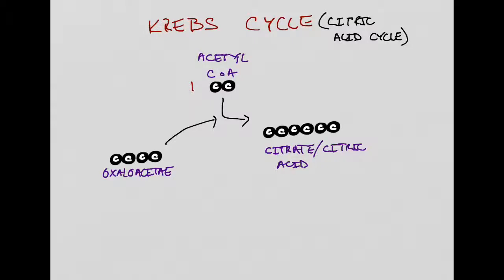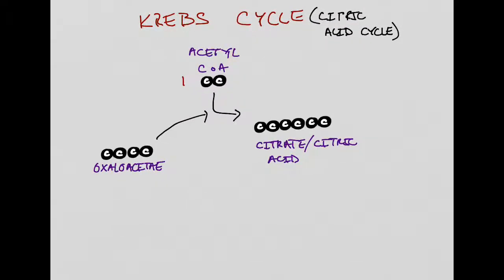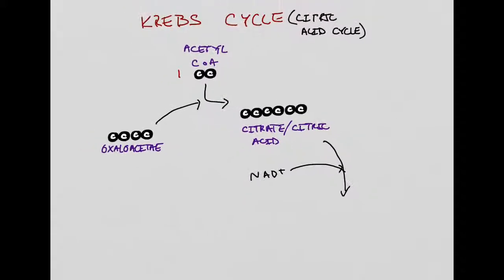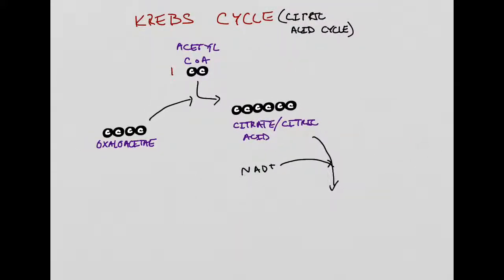And this is a really high energy molecule, this 6-carbon citrate molecule. And so we can strip it down and extract some of that energy from it. We do that by taking our NAD+, which is going to feed into the cycle, and in doing so, it's going to bust up our citrate molecule into a 5-carbon molecule.